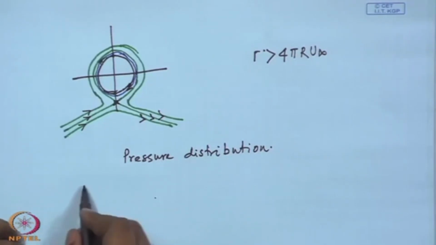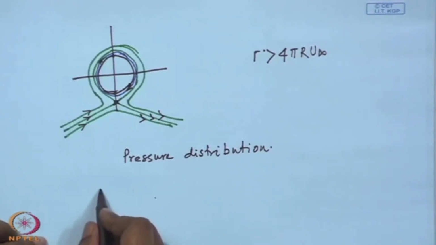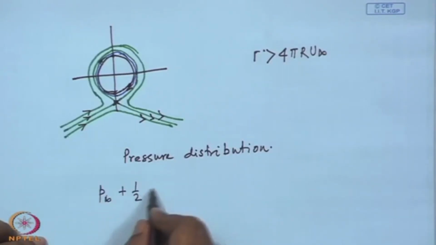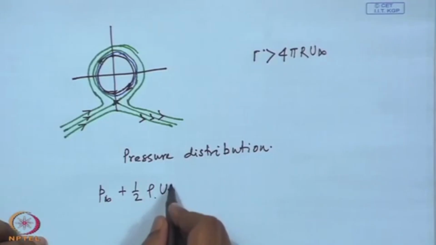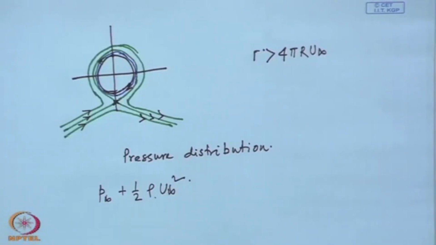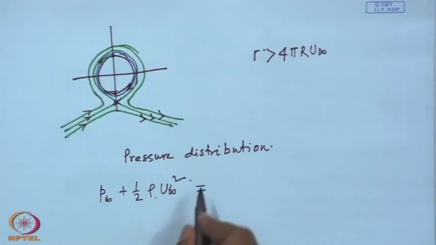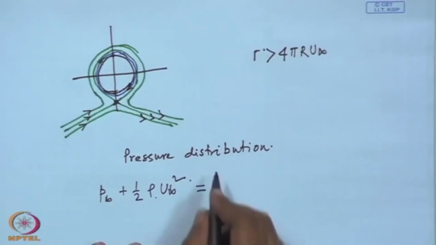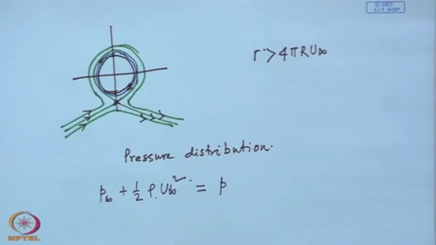Far away we have P infinity plus half rho u infinity square. We are not writing rho infinity, there is no point. On the surface of a cylinder, let us say at any point the pressure is P and the velocity is, the radial component is 0, only the tangential component gives the total velocity.